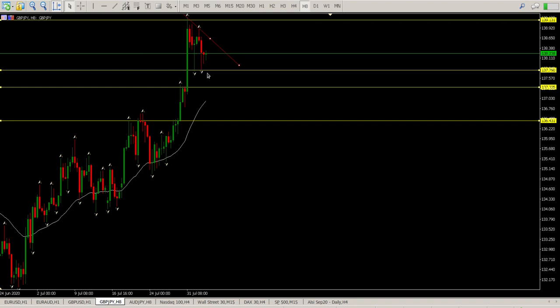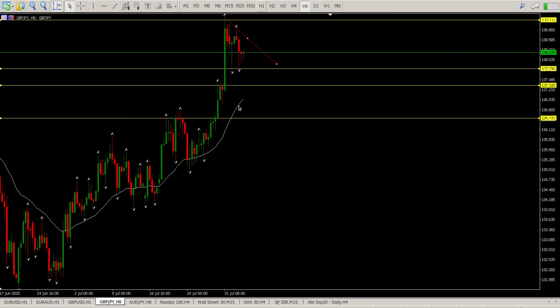If not where we are now, definitely around 137.335, and possibly even as low as 136.431. Okay, so that's kind of the scenario that we have here. Well worth watching, I think.